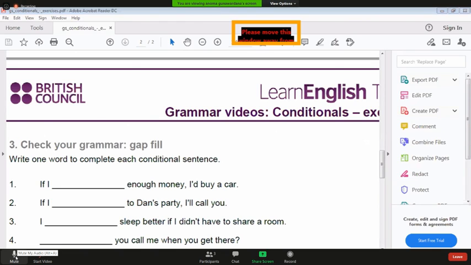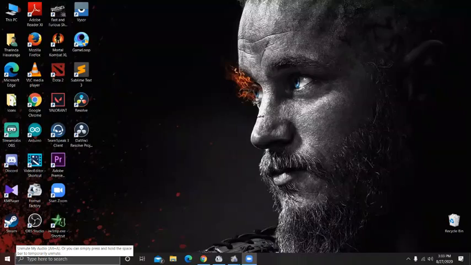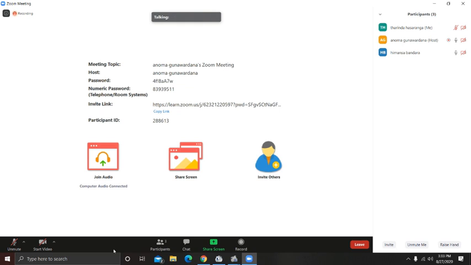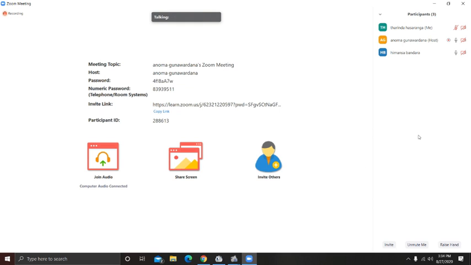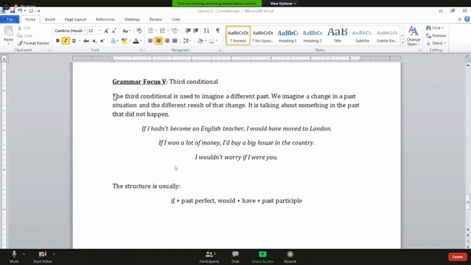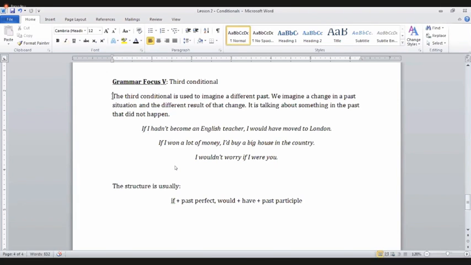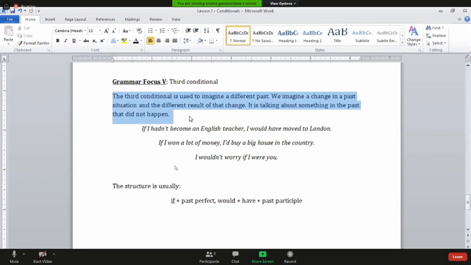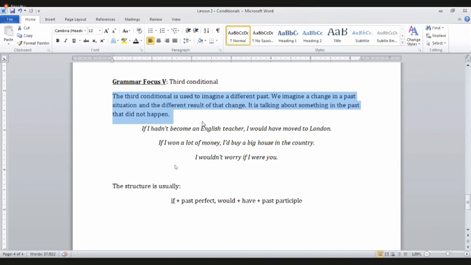Let's quickly move to the third conditional. All right. So this is the last conditional. Can you just go through this explanation? So this is about what the third conditional is.